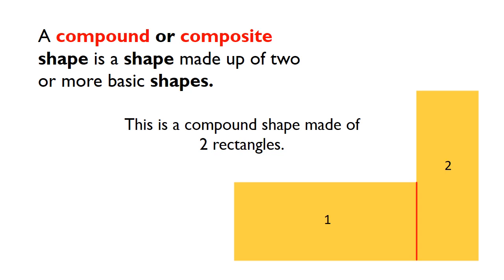I'm sure you were all able to remember that a compound or composite shape is a shape made up of two or more basic shapes. So this compound shape is made up of two rectangles. You have rectangle 1 here and rectangle 2 here. This shape could also have been split along here, so that you would have this rectangle and then this smaller rectangle.